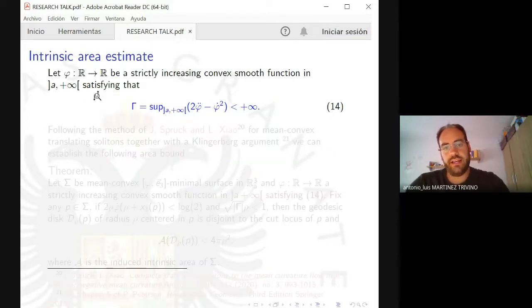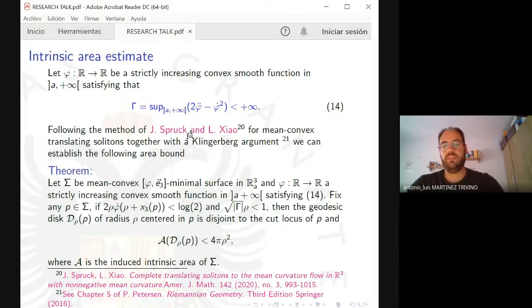Next, consider phi a strictly increasing convex smooth function satisfying the following inequality. Notice that when phi has quadratic growth, this inequality is trivial. Following the method of Sprague-Chow together with a Klingenberg argument, we can establish the following area bounds.